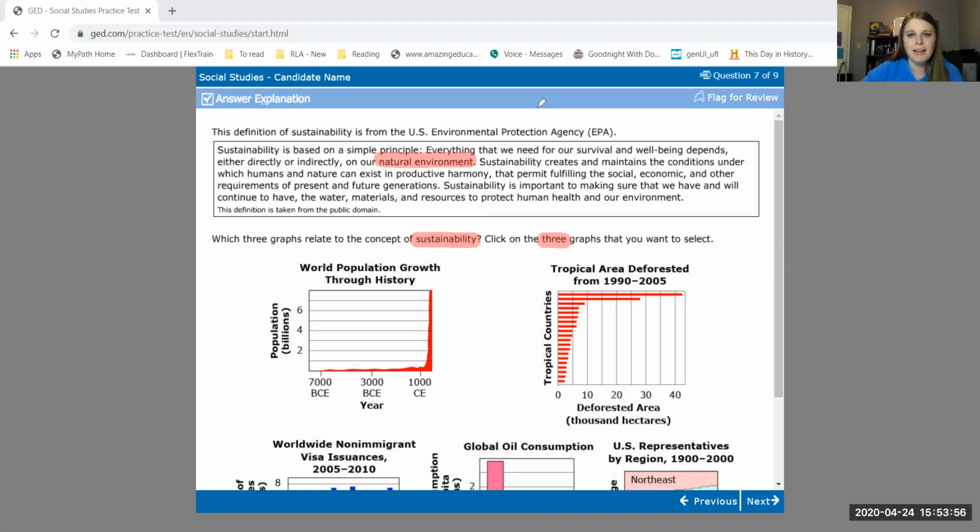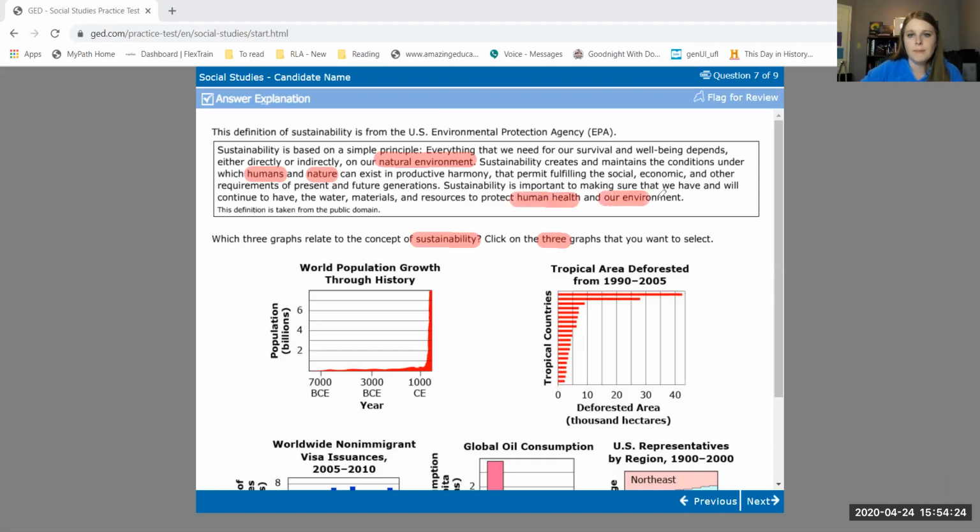Sustainability creates and maintains the conditions under which humans, that's us, and nature can exist in productive harmony that permit fulfilling the social, economic, and other requirements of present and future generations. Sustainability is important to making sure that we have and will continue to have the water, materials, and resources to protect human health and our environment.